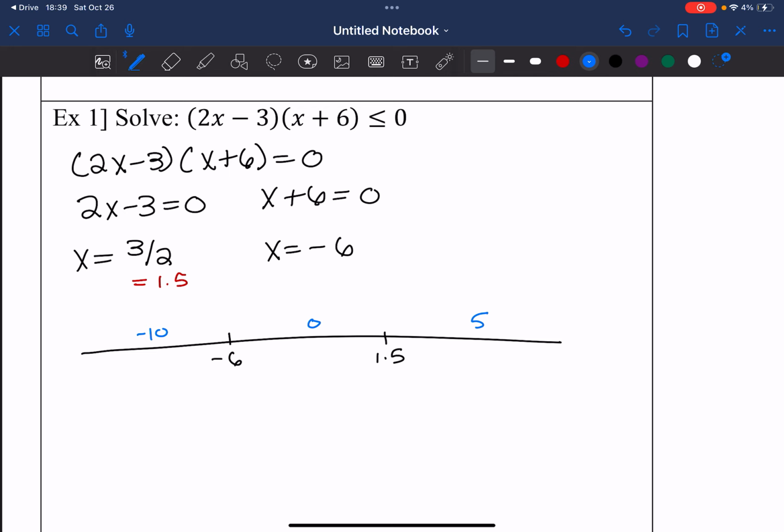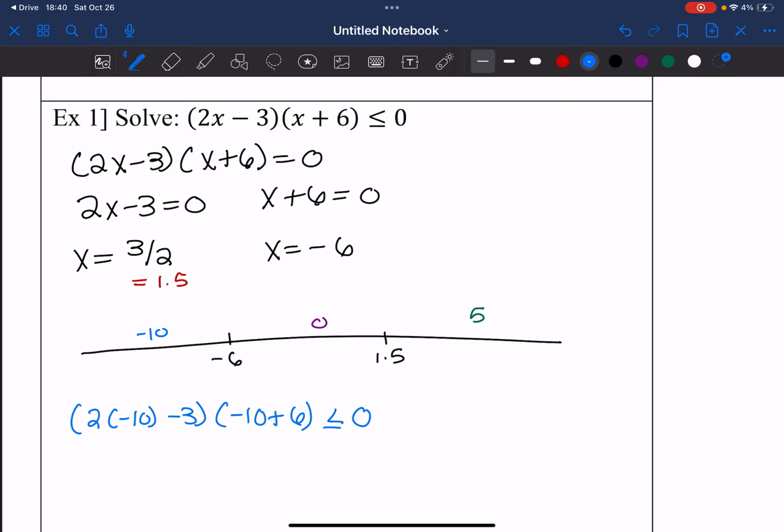So I chose 0 and 5. I'm going to color code them so you guys can see me plugging in each one. So here's 0, here's 5. So starting with the negative 10, I have 2 times negative 10 minus 3 times negative 10 plus 6 is less than or equal to 0. Well, 2 times negative 10 is negative 20.